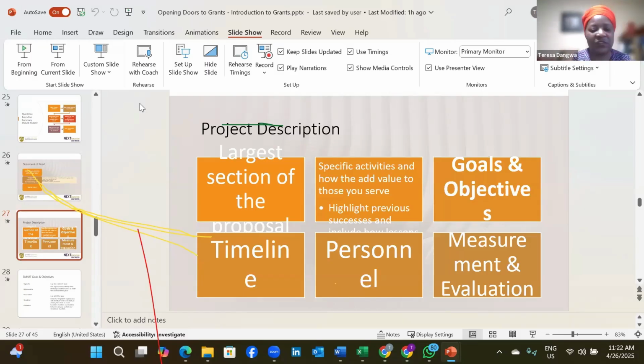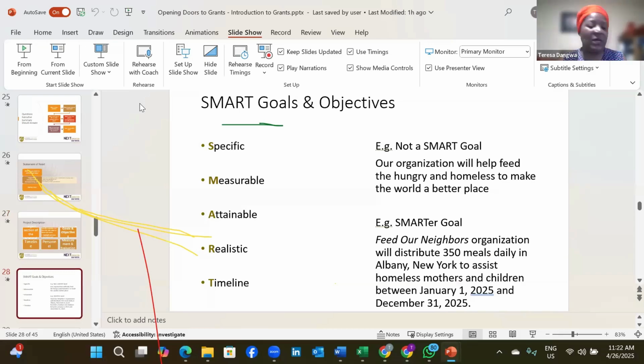Have we heard of SMART goals, the SMART acronym? Are we familiar with the S-M-A-R-T acronym? Okay. So yes, we are familiar. Okay.